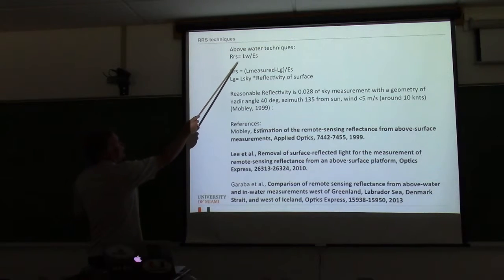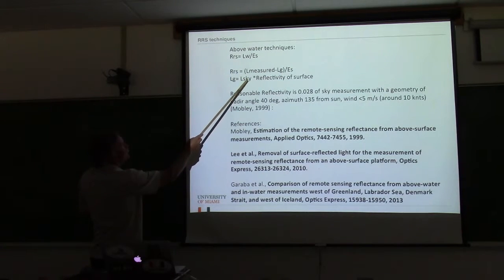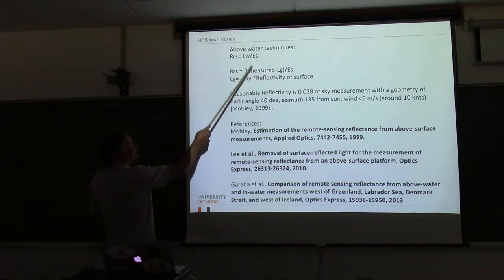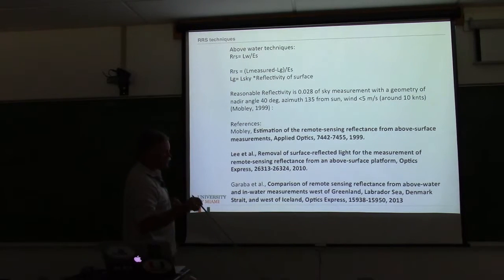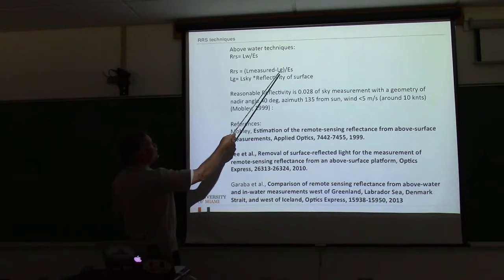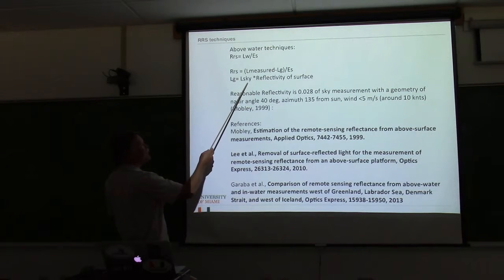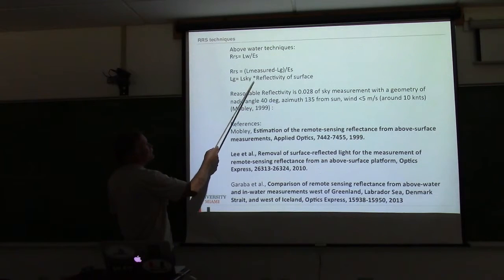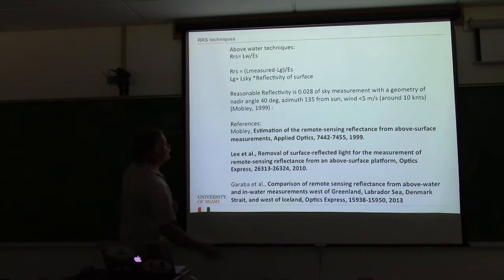The radiance LW, the water-leaving radiance, when you're measuring it above the surface, you've got to take account of the surface itself. So you have to take the radiance you measure and subtract off the glitter from the surface, which is the radiance from the sky times the reflectivity of the surface.